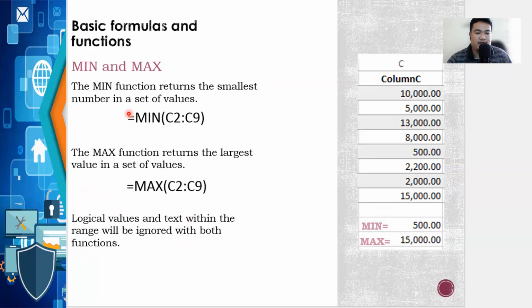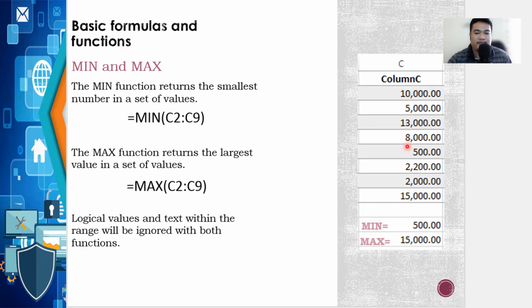So we have here, if we use min for this cell range, for example, from C2 to C9, it will identify kung ano yung smallest number within the set of values or within the range. And then, dinidisplay niya kung saang cell nilagay yung formula.